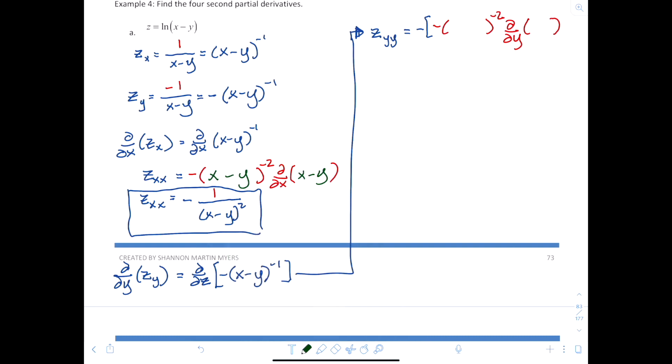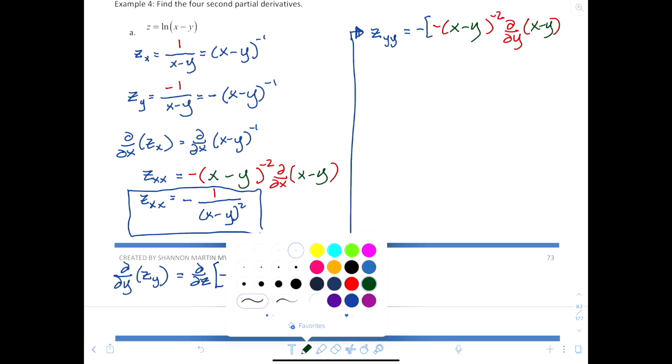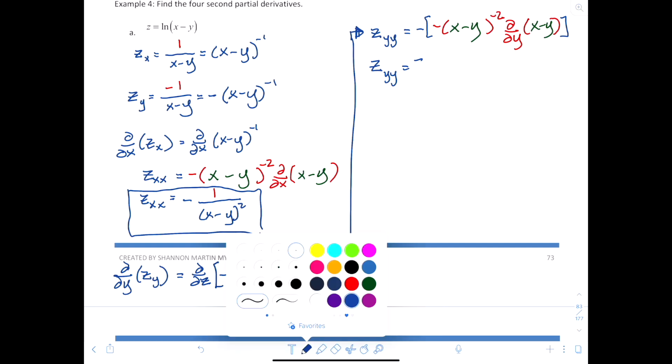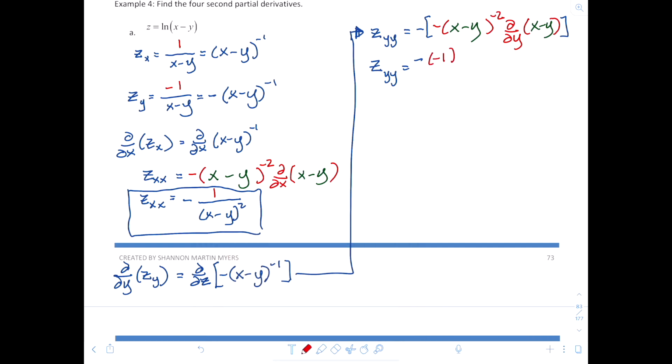Well, the something that we had was x minus y. And so z_yy will just be 1 over x minus y, the quantity squared. Cool, cool?